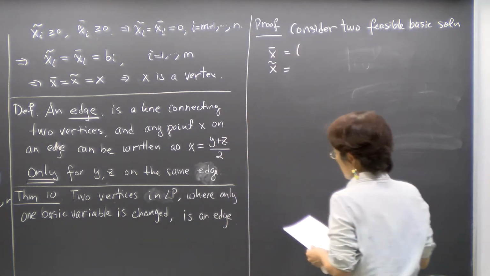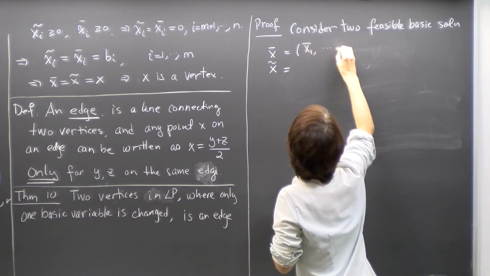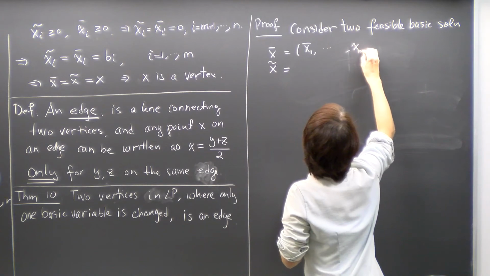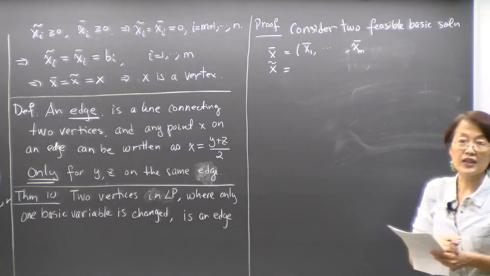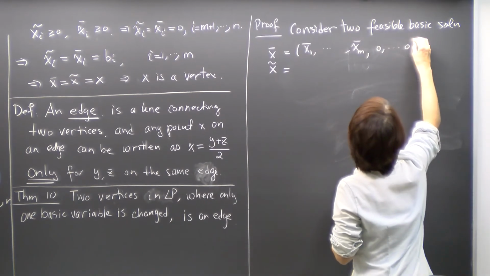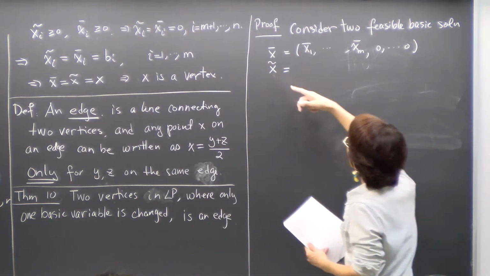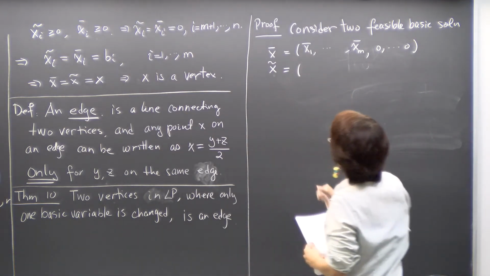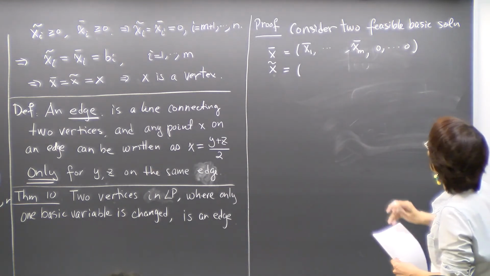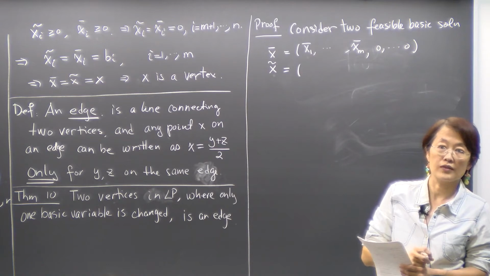For x bar, I have the first m variables as my basic, right? And after that, these are all non-basic, and they are set to be 0. And then x tilde is another basic solution where I switched x1 with x m plus 1.